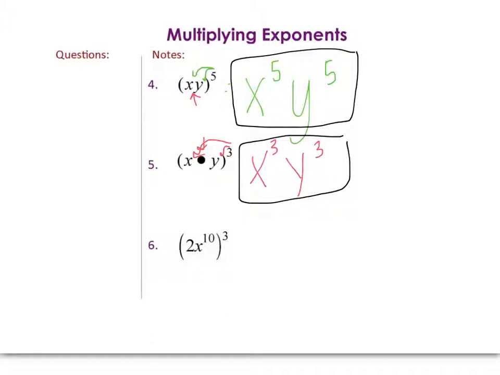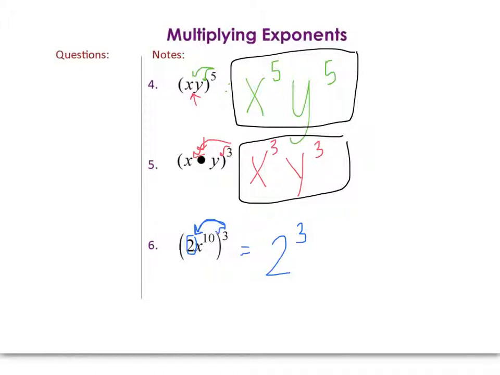Well, number 6, I have a number inside my parentheses. Treat this number just as anything else, it gets the exponent too. So I have a 2 to the third, because that 2 is inside my parentheses, so it gets the exponent.